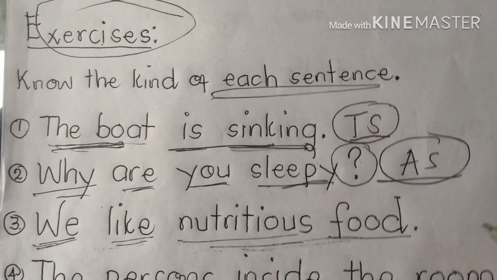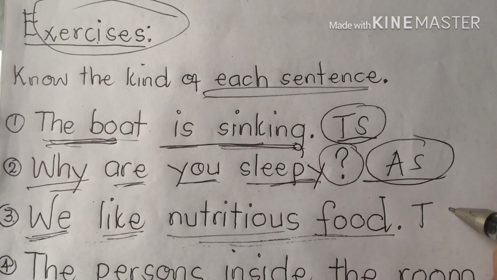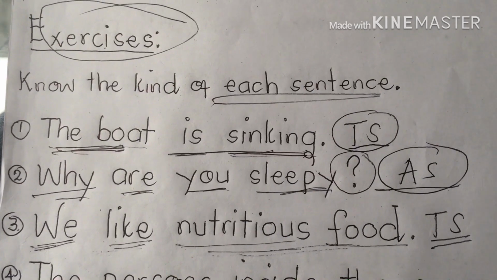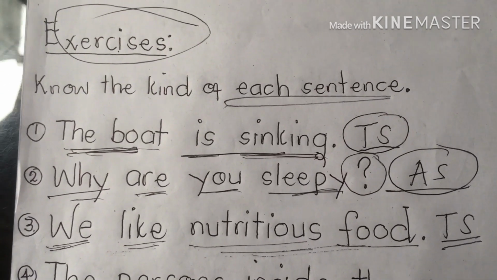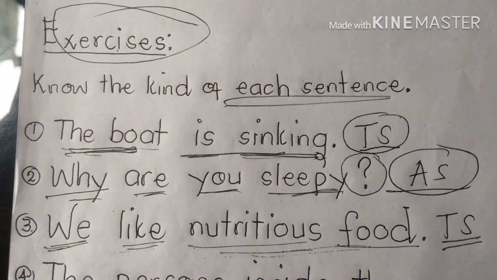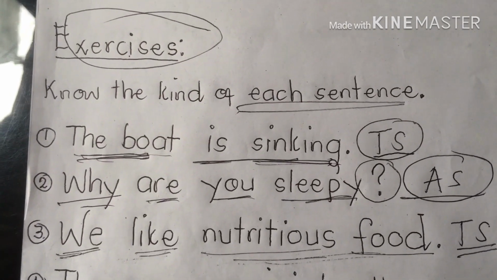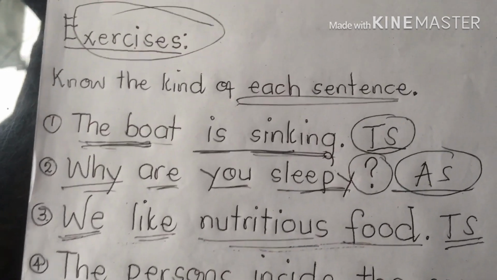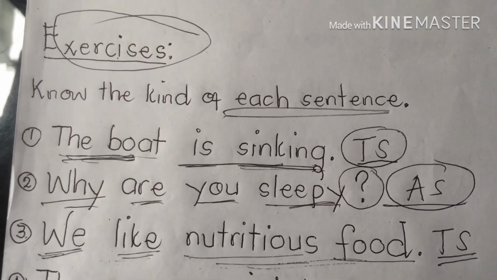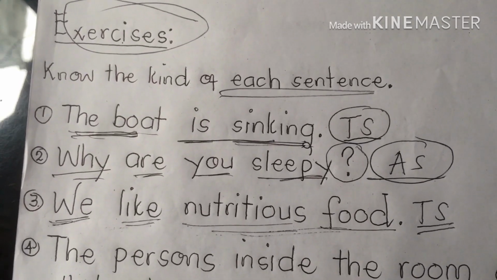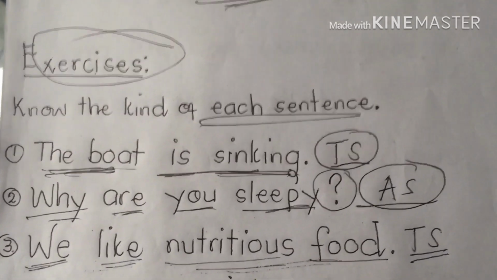That means this is a T-S or telling sentence, because it tells how nutritious the food is, that somebody likes it. So we know that once the food is nutritious, we are excited to taste it.